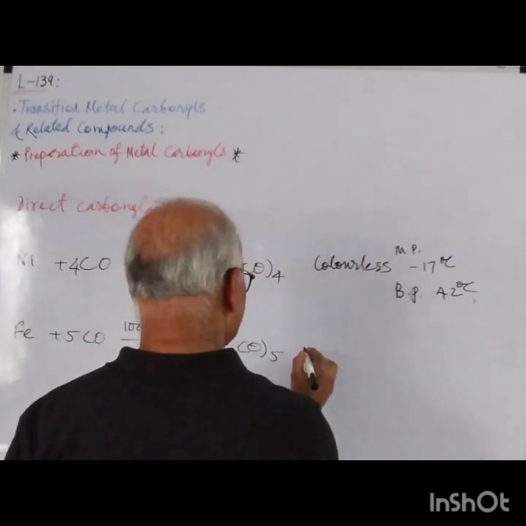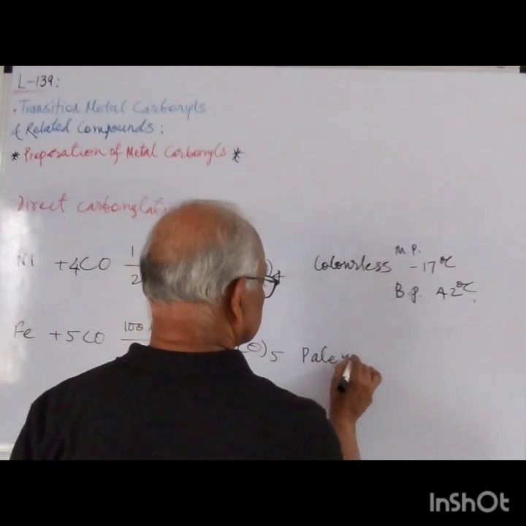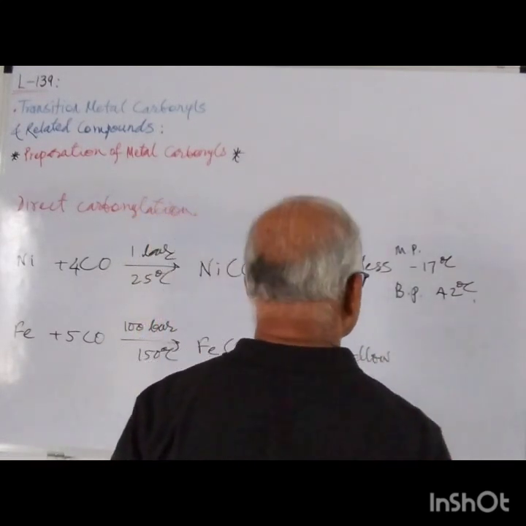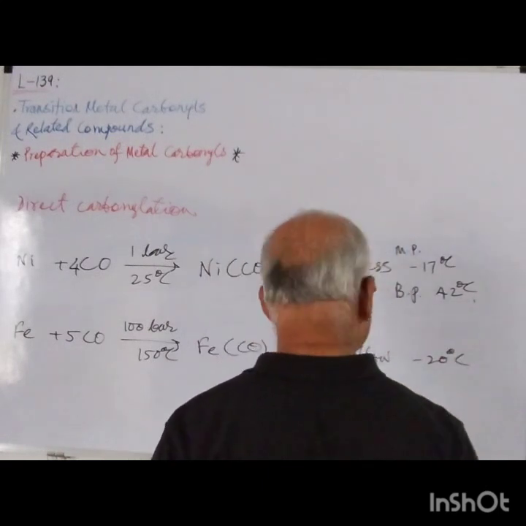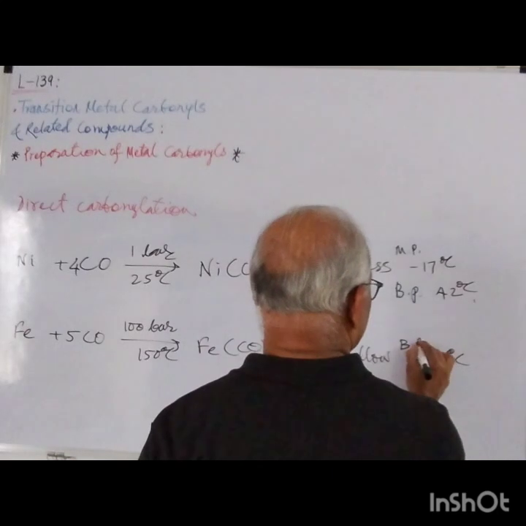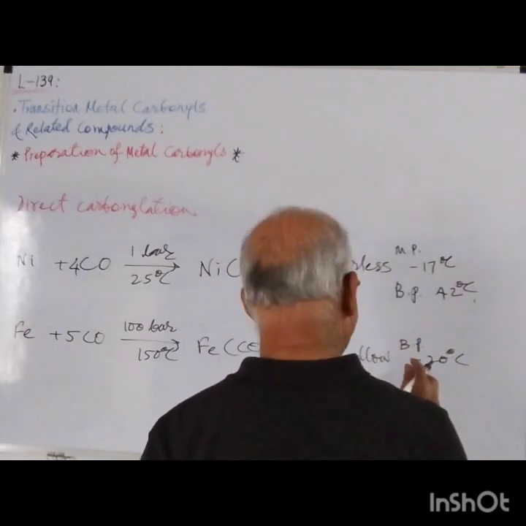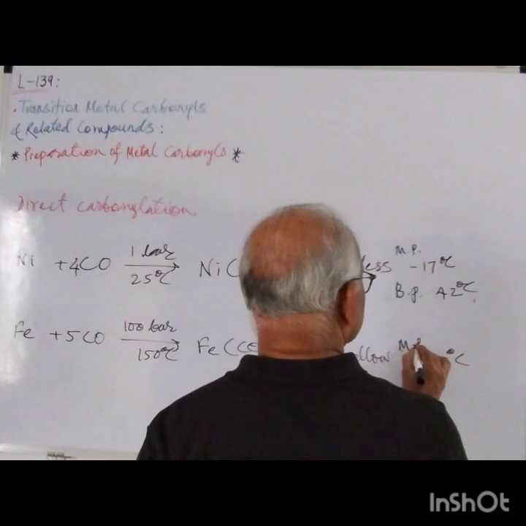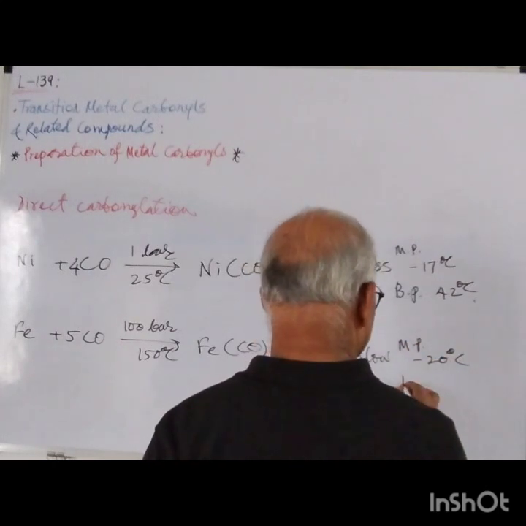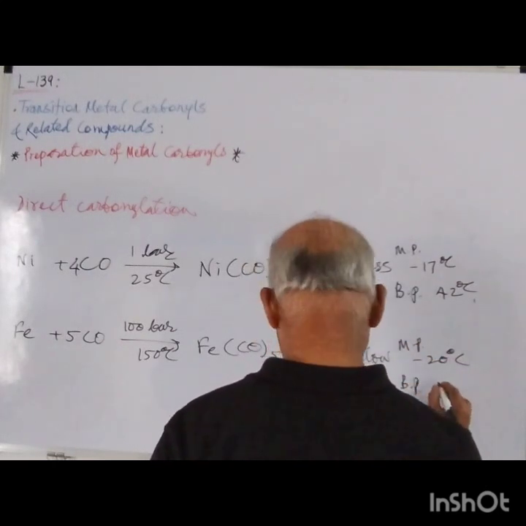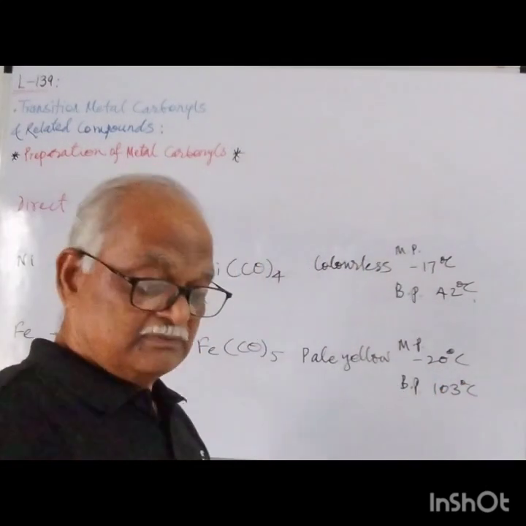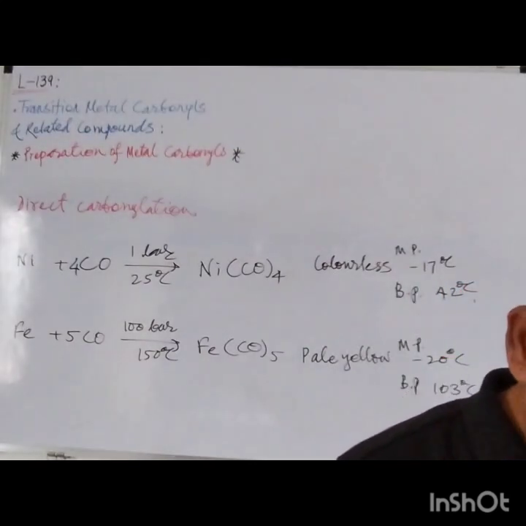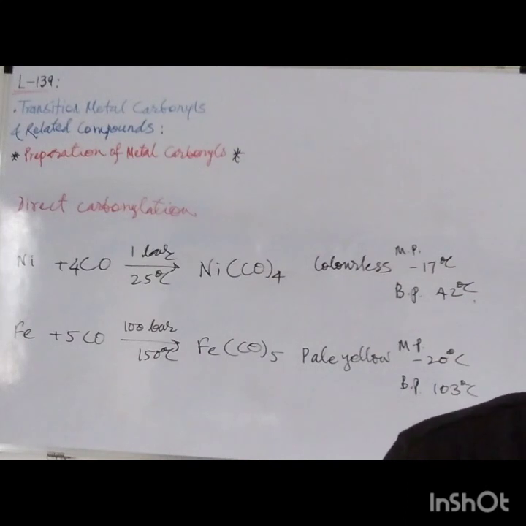So this is a pale yellow product with melting point minus 20 degrees centigrade and boiling point 103 degrees centigrade. So this method is easy to operate.